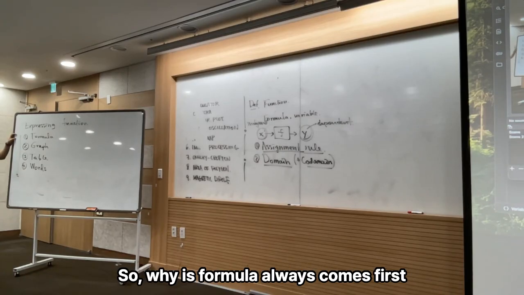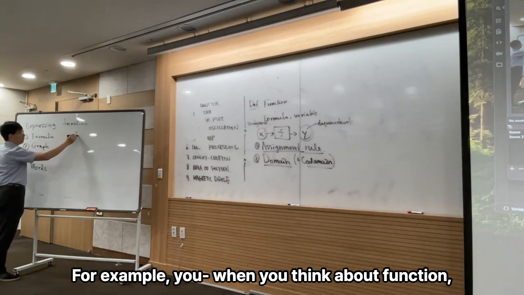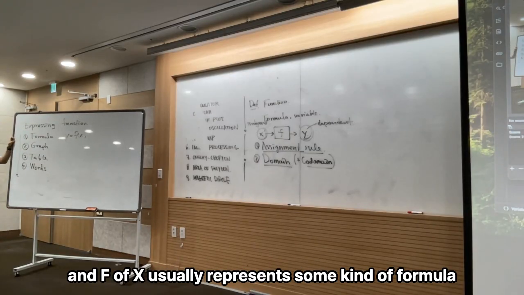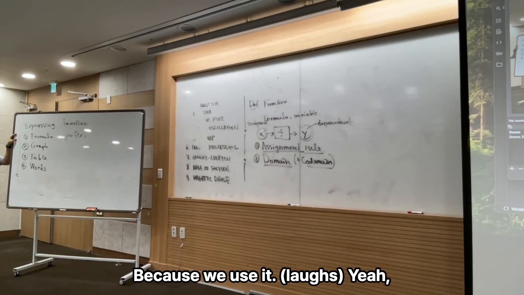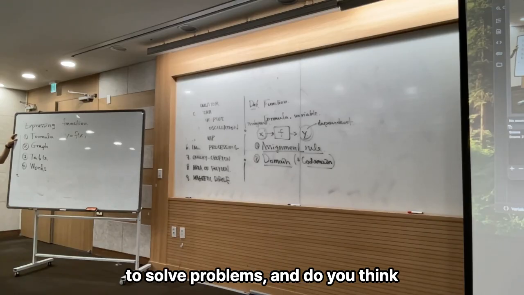So, why does formula always come first when you describe a function? For example, when you think about a function, you probably think about this kind of notation, and f of x usually represents some kind of formula in terms of x. Why does it always come first? Yeah, you use it in high school to solve problems.